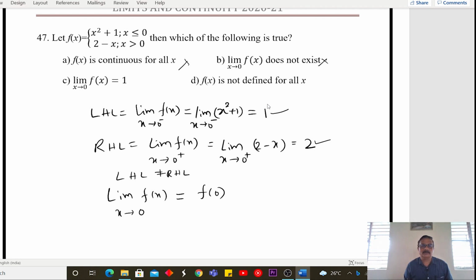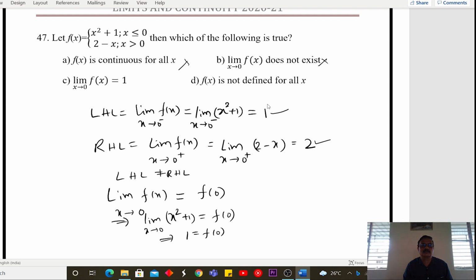Here x is less than or equal to 0, so its value is the limit of x square plus 1 as x tends to 0, which is equal to f of 0. This implies, putting x as 0, 1 is equal to f of 0. So the limit of f of x as x tends to 0 is 1. So option C is the right answer.